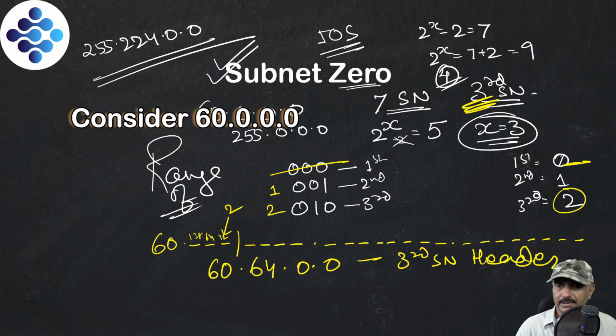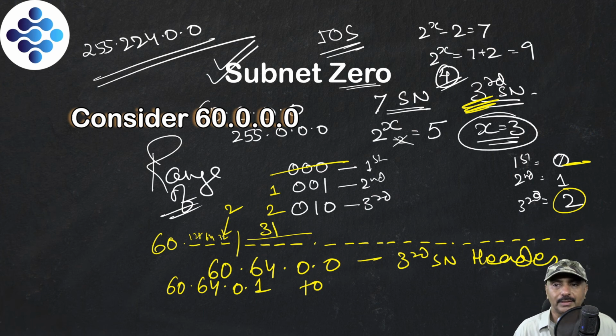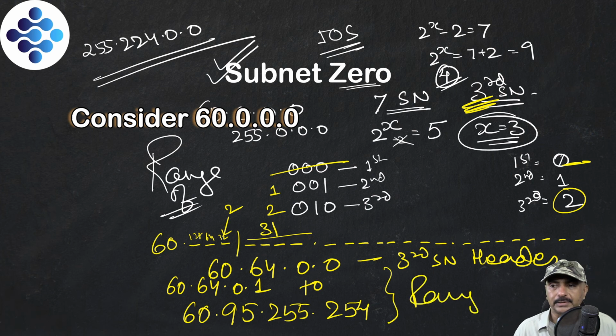And what would be the range? So easy to calculate. 65.64.0.1. Over here all these bits will become 1. This is 32, so this value will become 31. 31 plus this number 64 is to be added, so it is 65.95.255.254, and that's the range when we are talking about subnet 0.